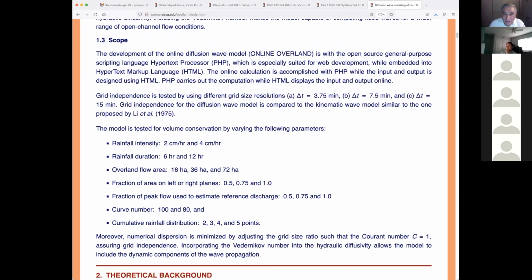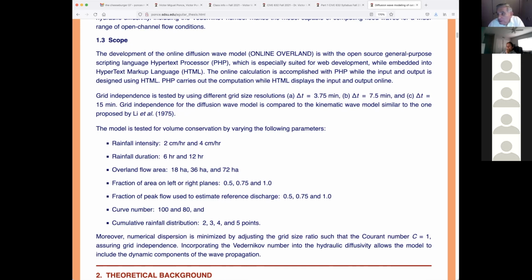Okay, the online calculation is accomplished with PHP, and input and output is designed using HTML. PHP carries on the computation while HTML displays the input and output. PHP and HTML have an interesting marriage, because you can't really do HTML computations without an engine, and the engine is PHP.